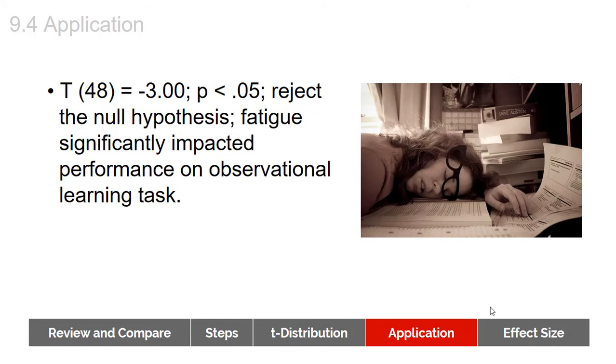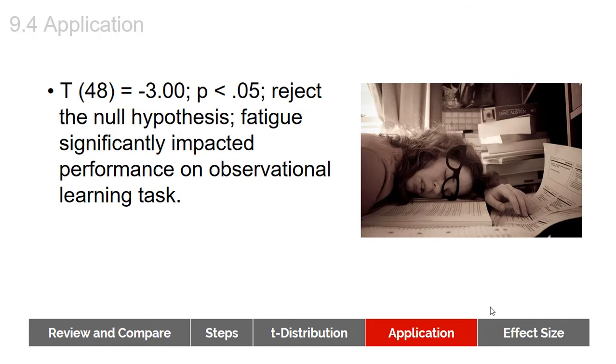I want you to pay very close attention to the way that this is written at the top. We have t, that is our t value. We have 48, which indicates the degrees of freedom. And then we have equals and the actual t value that we found. But this next part is really, really important.